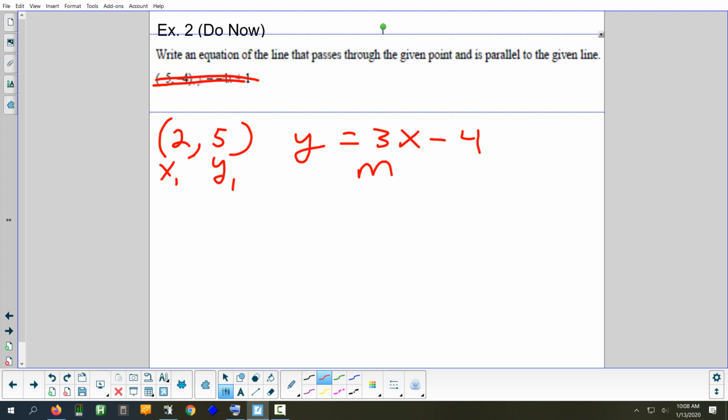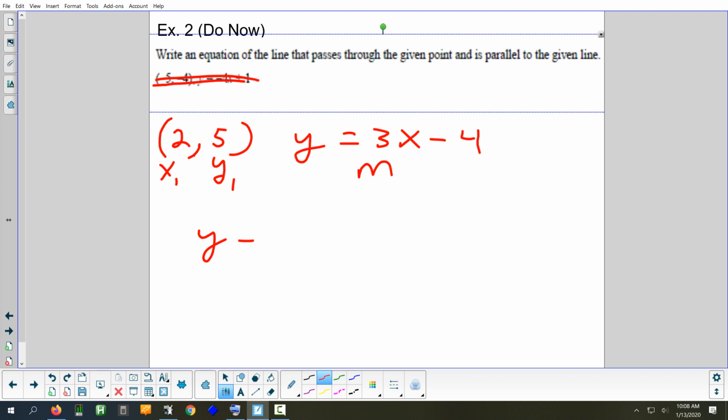So in my point slope, Blake, what's the first thing I write down? y. Yep. Maya, what comes right after the y? You do minus.